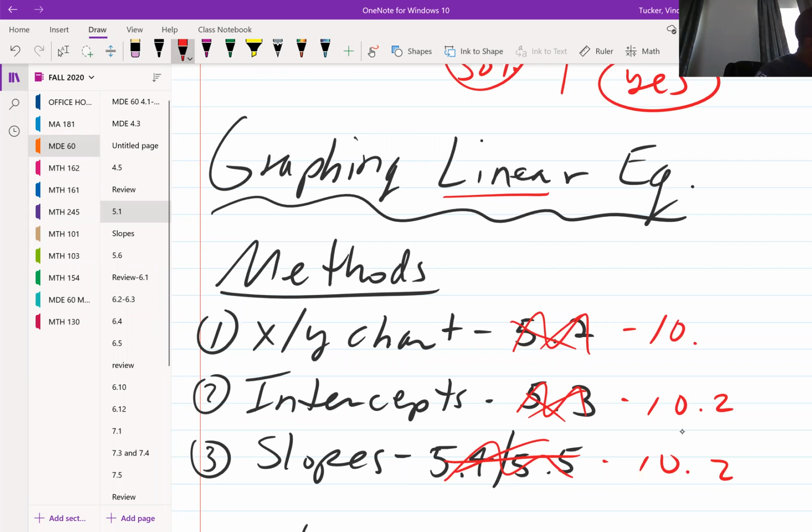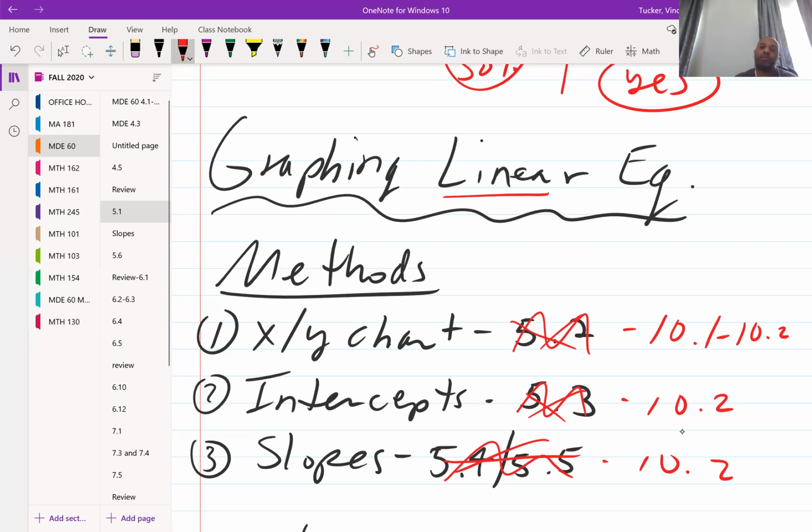We'll do slopes. Yep, that's 10-2. All of that is in 10-2, looks like. I wonder why I did 3, 4, and 5. Okay.